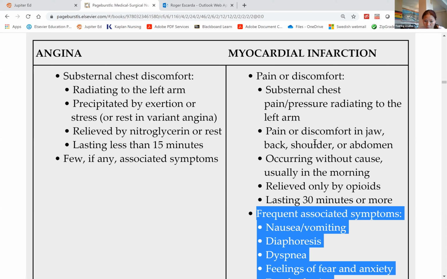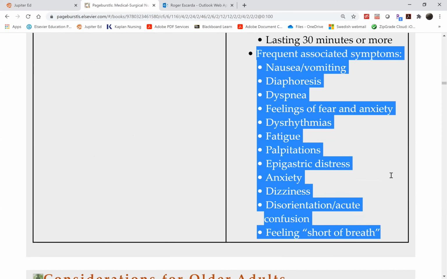Reduced. What happens to cardiac output? Reduced. And what happens when you have reduced cardiac output? What will be automatically triggered? Catecholamine release. So if you look at these signs and symptoms here, these are all related to fight or flight. These are all effects of your catecholamines.